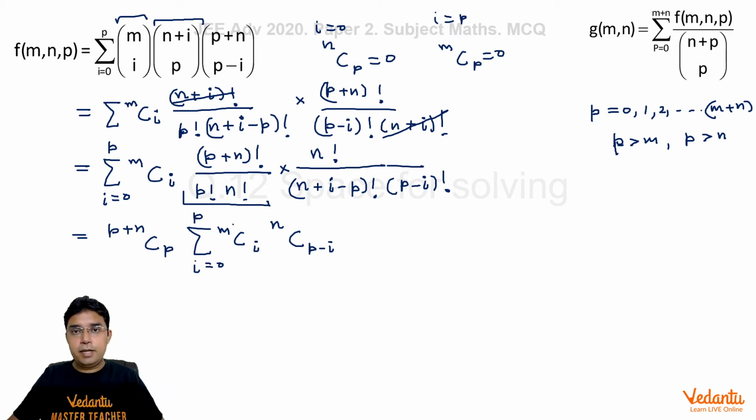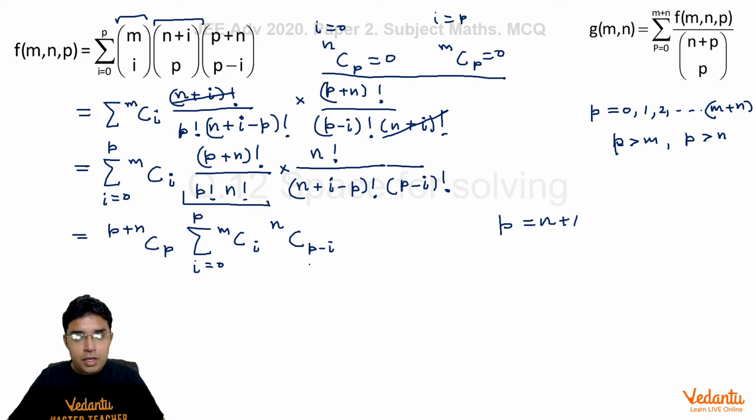Now please understand, as I was telling you, if my p is greater than n, let us say p is equal to n plus 1, so you can see in this one also, if I put i is equal to 0, my first term here will be nCp and that will be equal to 0. So here also we are getting the same impact.